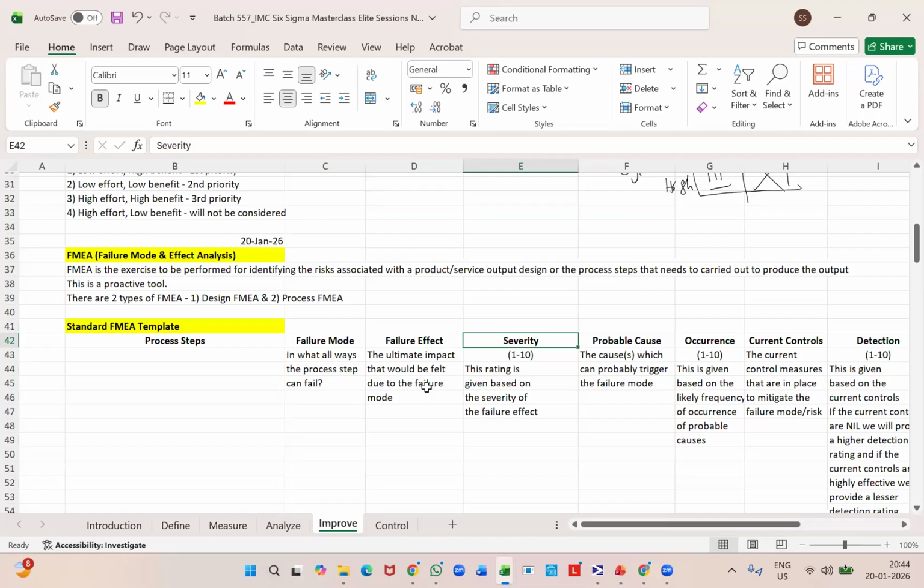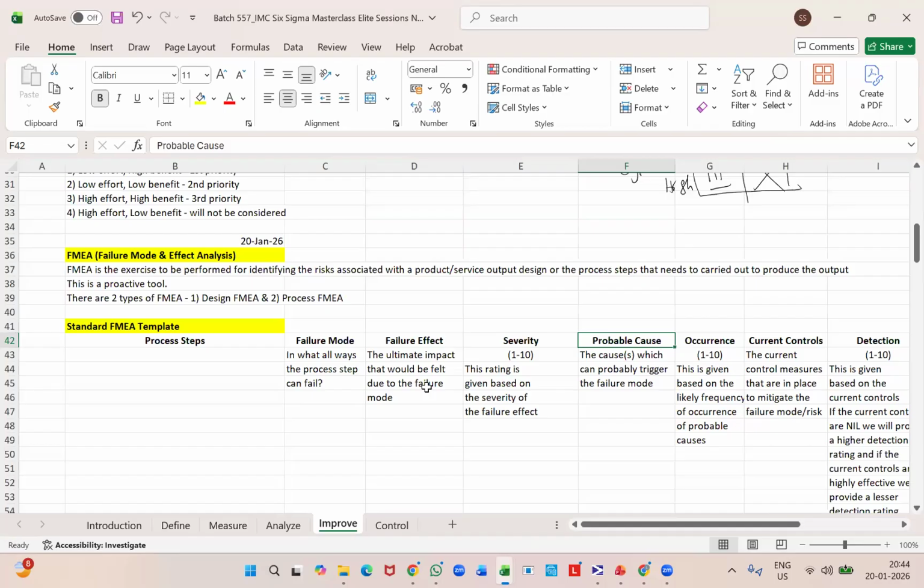So severity rating, the scale of 1 to 10, is given for the failure effect based on the severity of the failure effect. And in the next section, we will come up with the probable cause or probable causes which might actually trigger the failure mode. So the risk cannot happen on its own. So the risk will always be triggered by a single cause or multiple causes. So here we are using the term probable cause.